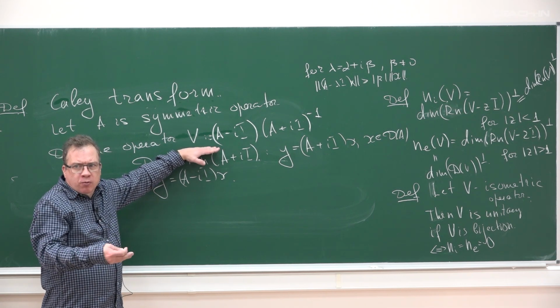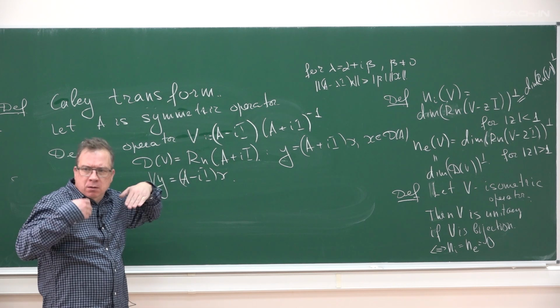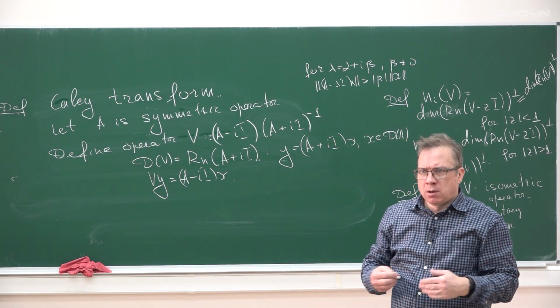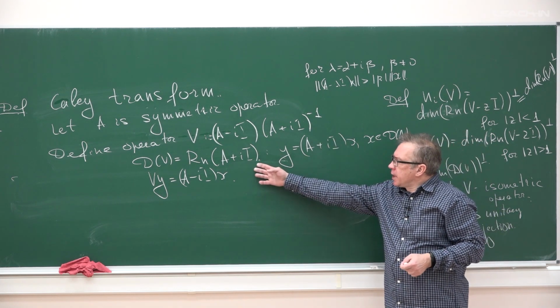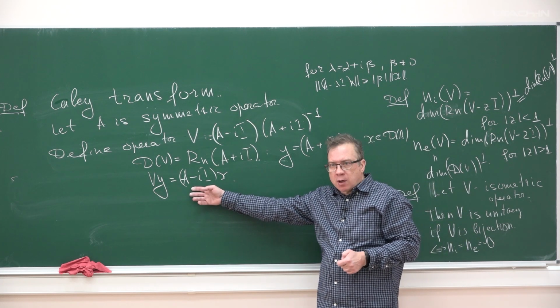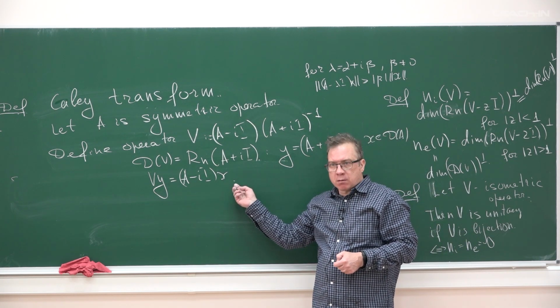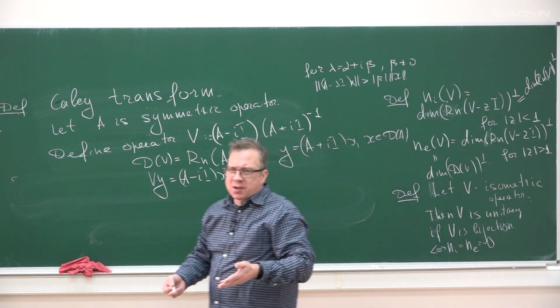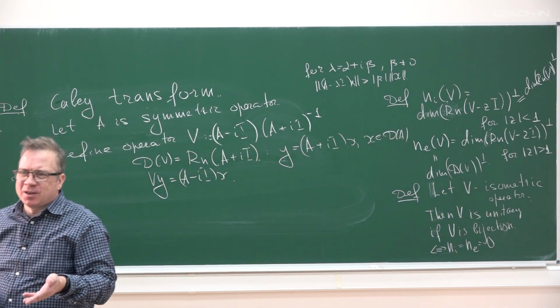This is only a formula for this operator, but we must describe the domain of the operator and the action of the operator. So by this formula, we take the domain of the operator as the range of this operator, and the result of acting of the operator is this vector. Okay? And now you can prove that this is indeed an isometry.